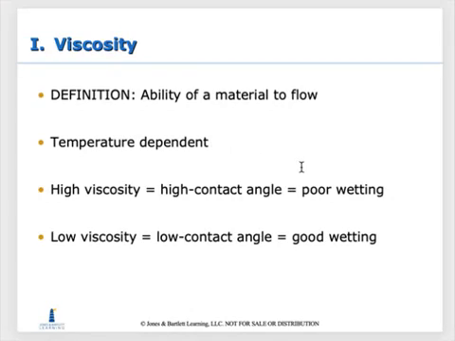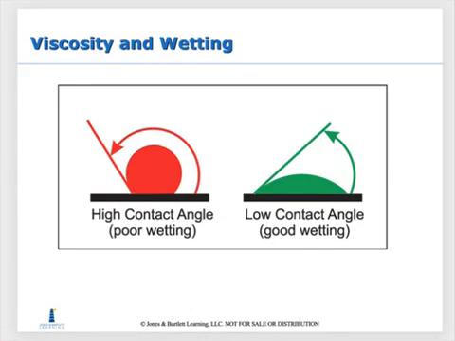And this also translates to our high and low contact angles and wetting. So wetting is measured by the contact angle of a liquid on a solid. So this next slide, this example is in your book as well. A high contact angle has poor wetting because it kind of balls up. It doesn't cover as much surface material.